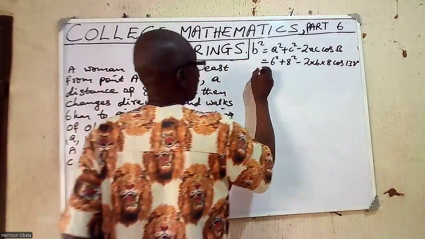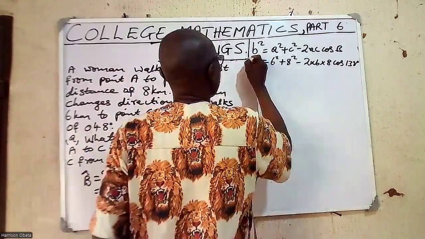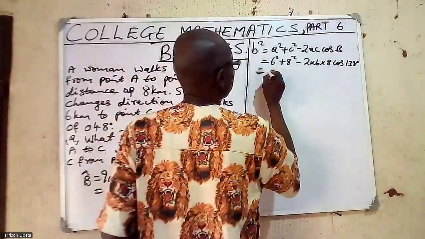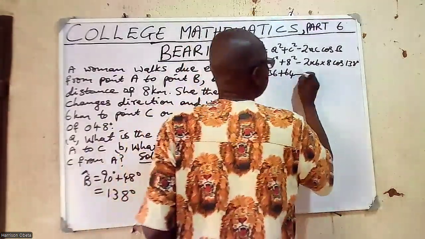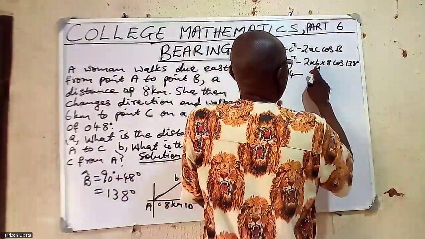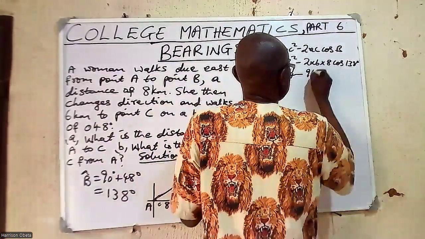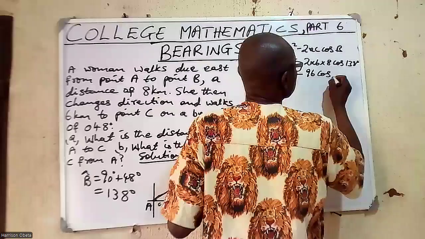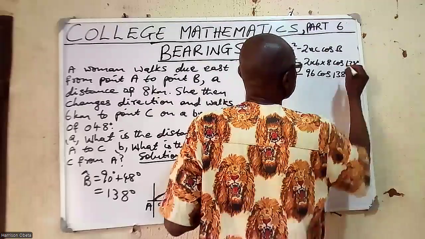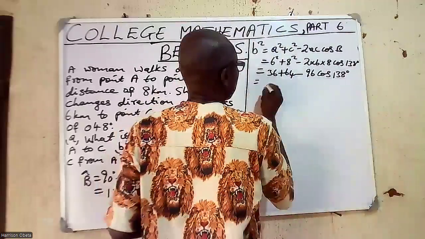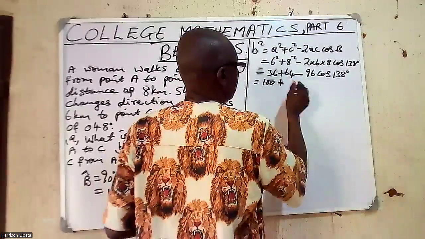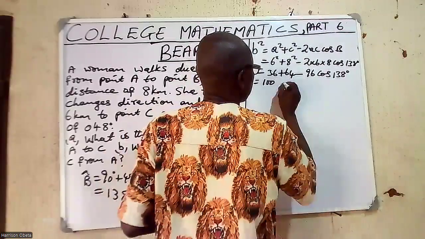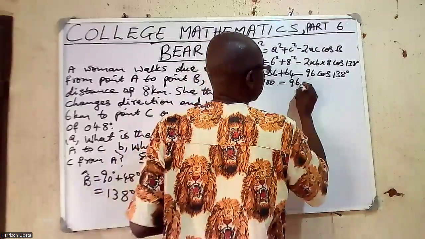So that will give us 36 plus 64 minus 12 times 8, which is 96, cos 138. That will give us 100 when you add these two, minus 96.